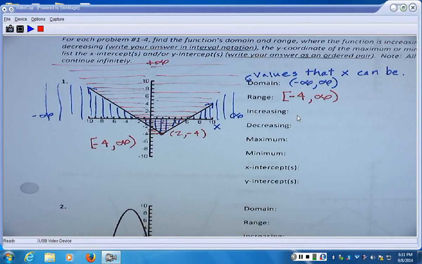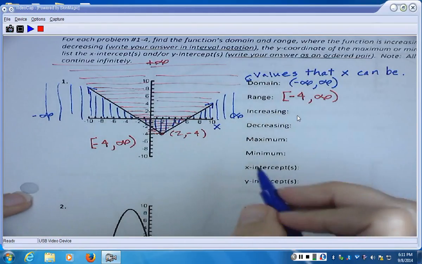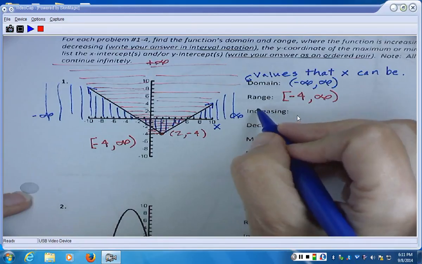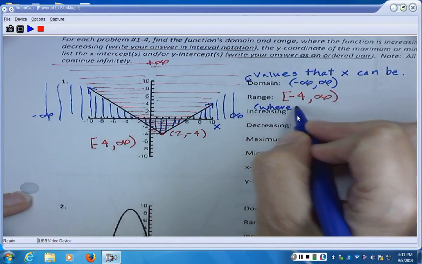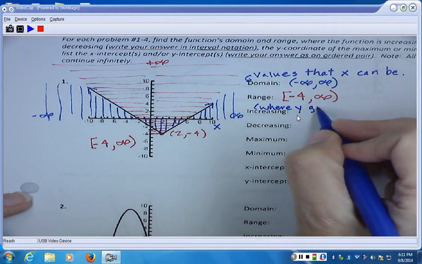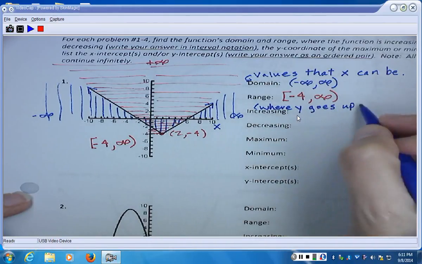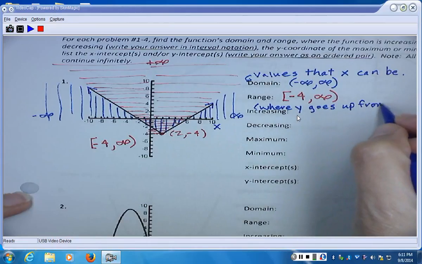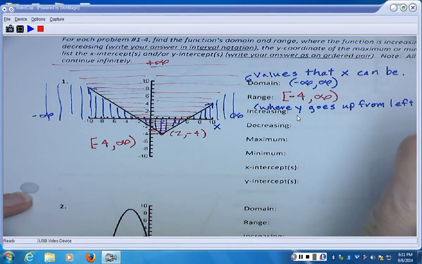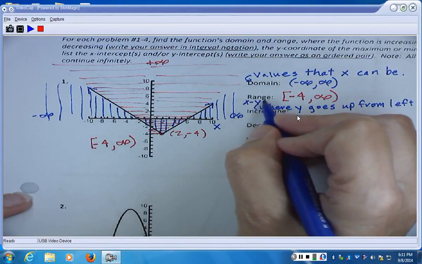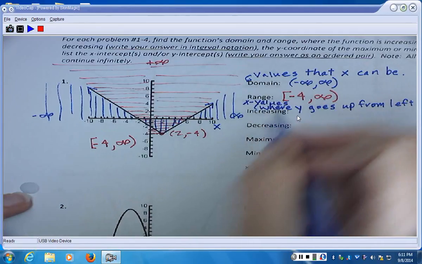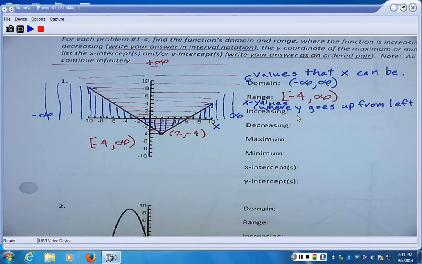And then when you're doing increasing, you look at, for increasing, you look where y goes up from left to right, or increases. But it's the x values, so x values. So, where is this increasing?